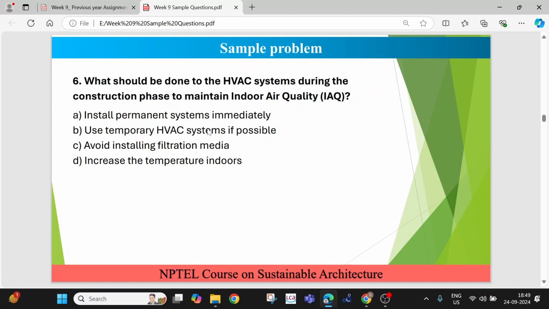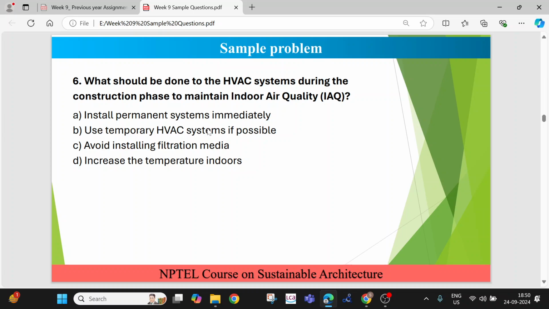So what construction measure should be taken to maintain the HVAC system? Whether you will be installing permanent systems immediately, or you will be using temporary HVAC systems if it is possible, or you will avoid installing the filtration medium.